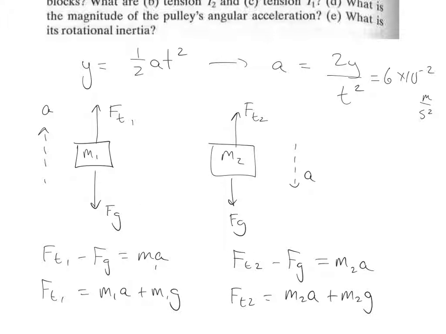So, Arthur, if you want to put a negative here, like you were saying, that's fine. That's where it would go. Because this negative would come into play here. So just remember that this acceleration needs to be the negative quantity because it's moving down. This acceleration is positive because it's up.